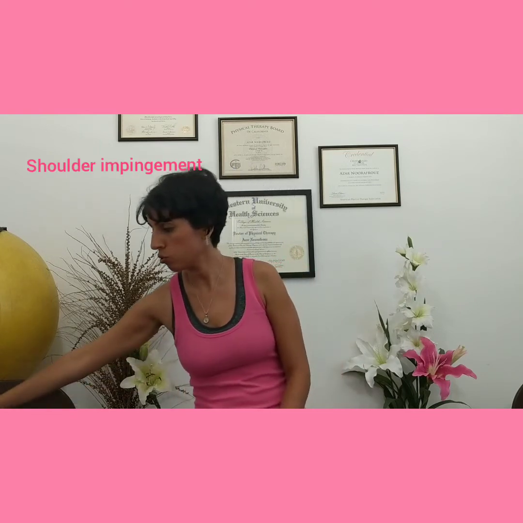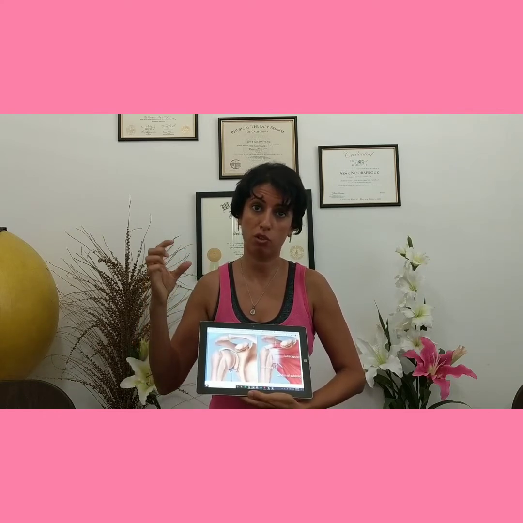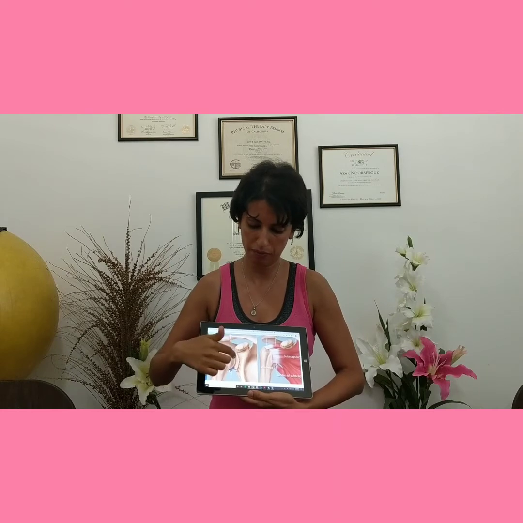First of all, I wanted to show you a picture of the shoulder structure so you get familiar with the shoulder a little bit. The shoulder is composed of a lot of bones. One of them is the humerus bone, the big long bone of the arm. The other one is our friend, the triangular bone in the back, which we call the shoulder blade or scapula, which has a connection to that long bone of the arm.